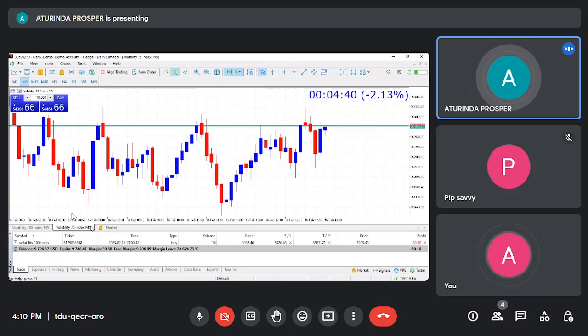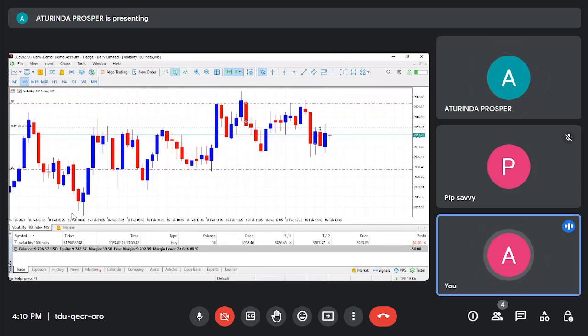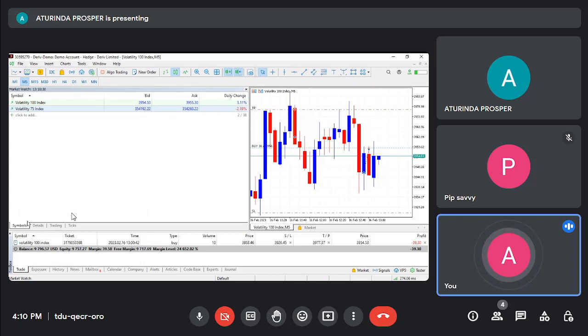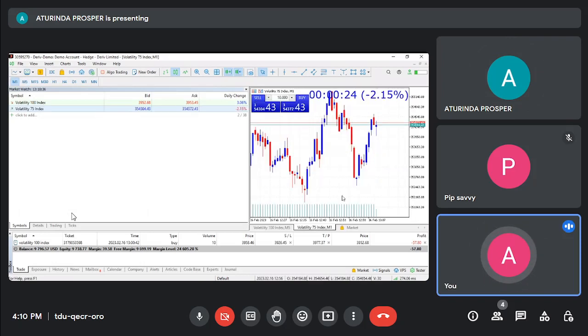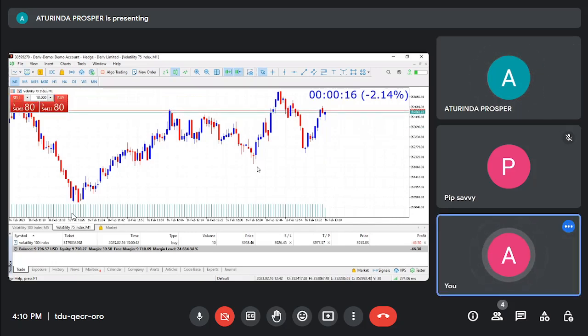There's something I wanted to tell you about this 75. That's why I told you to open it. With 75, when you buy and you drag your stop loss slightly below, it will accept. But for 100, when you drag slightly below, it won't accept. That's the only difference.